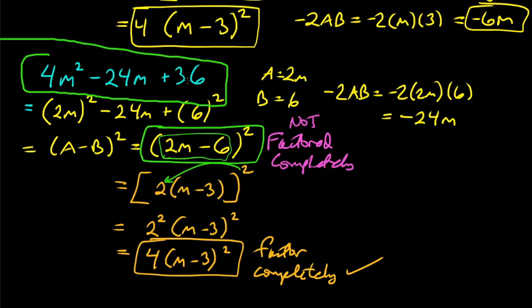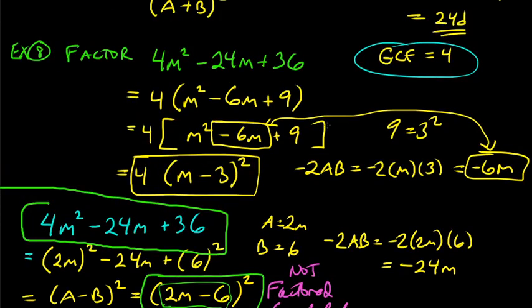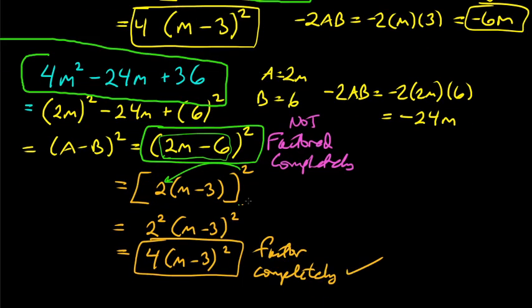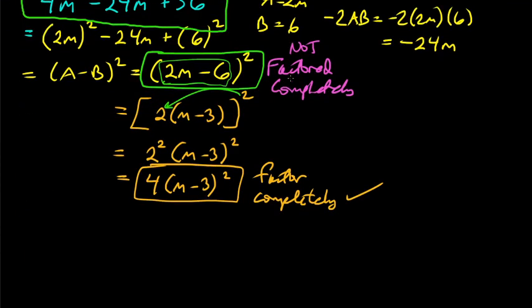But that's why you should always factor out the GCF. If you factored out the 4 first, then you're making it easier on yourself. The rest of it should be factored usually a little bit easier than the way we did it here. Makes sense.